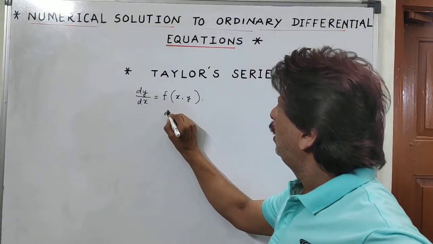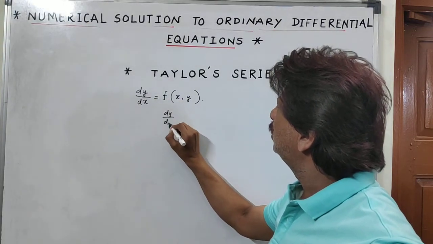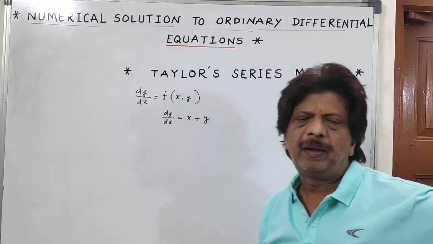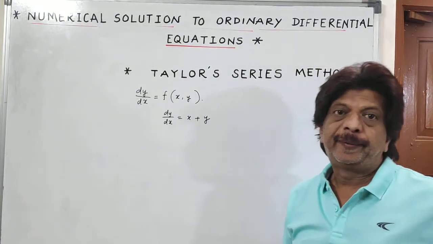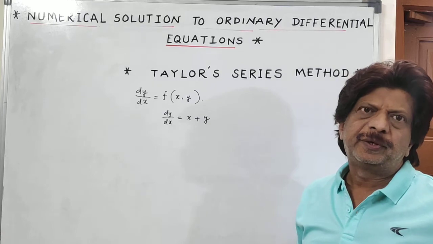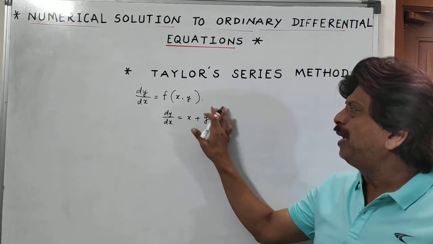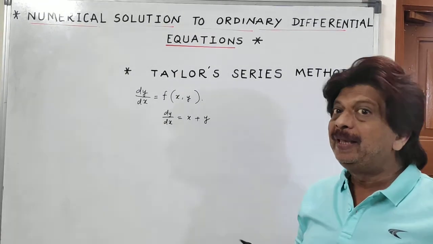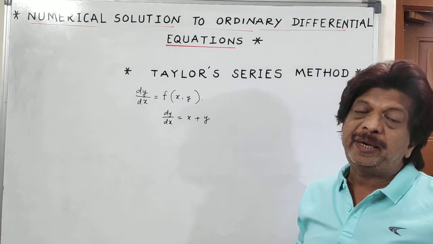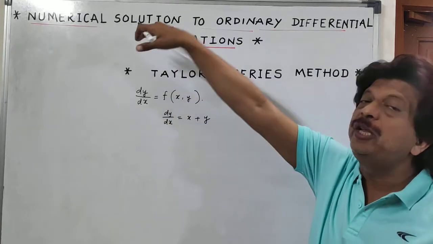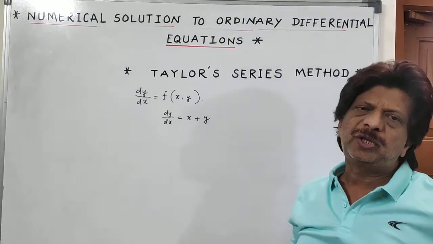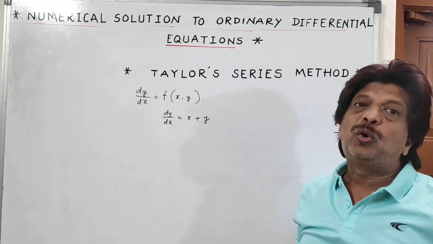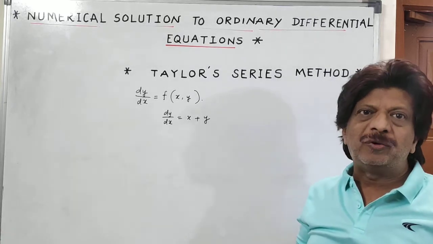For example, dy by dx is equal to say x plus y, this is an ordinary differential equation. But if we are given only this ordinary differential equation, dy by dx is equal to x plus y, then it is quite impossible to determine the numerical solution to this differential equation unless and until we know the initial condition or say boundary condition.